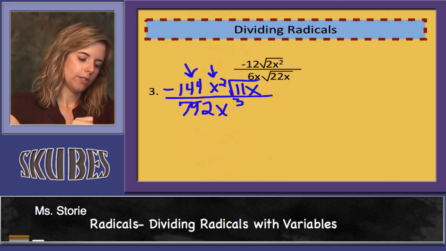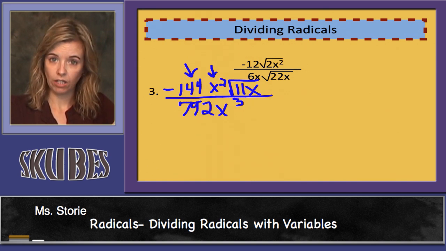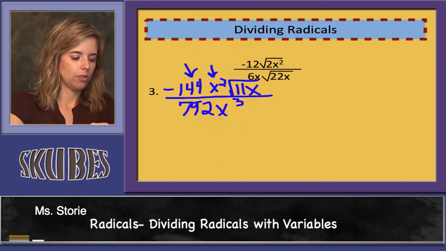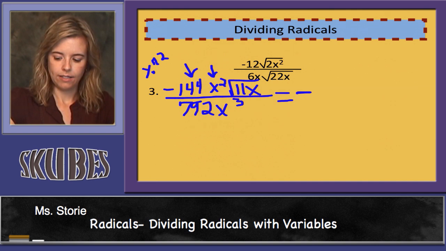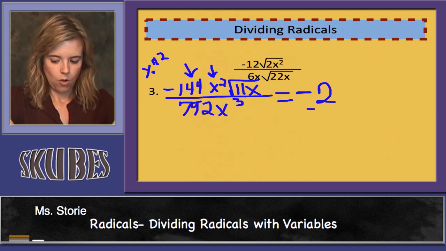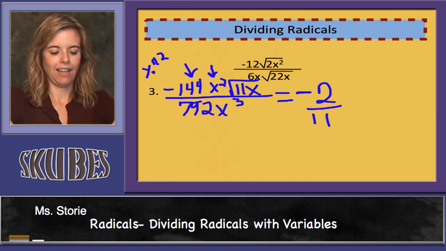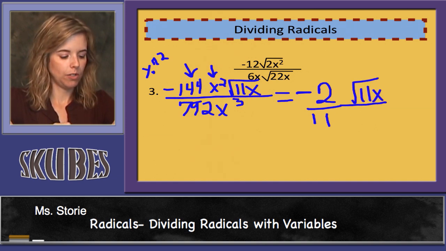So if we do that, it turns out that 144 and 792 are both divisible evenly by the number 72. So we're going to divide them both by 72. When we do that, we're going to get a negative number, and it's negative 2 over 11. And we still have our radical 11x, but those x's can be reduced.